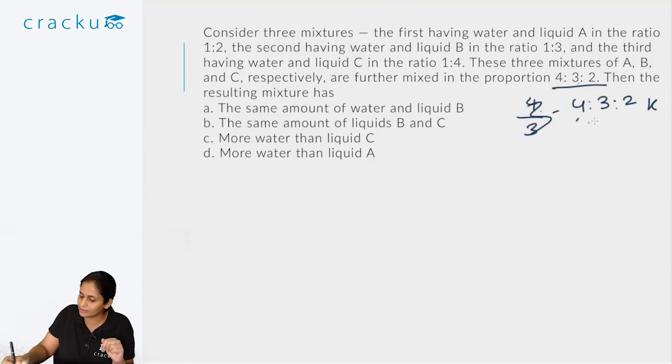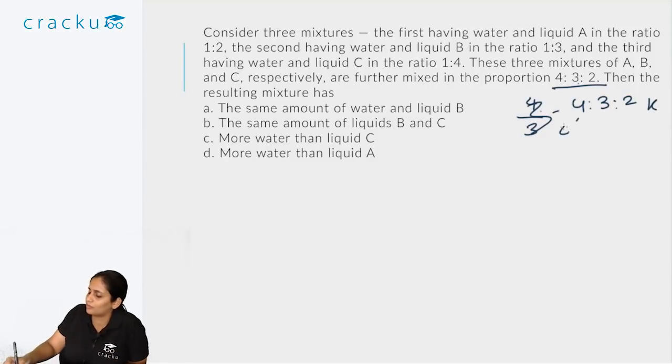So they are mixed as 4k units, 3k units, 2k units. Now you should assume k in such a way that we can split 4k into 1:2. So k has to be a multiple of 1 plus 2, that is 3.